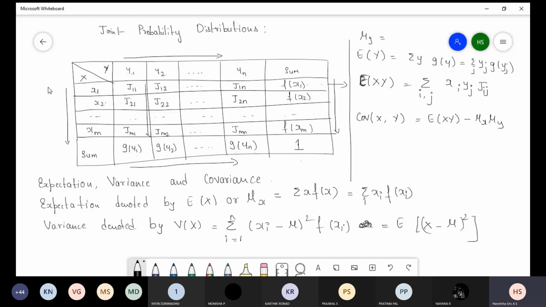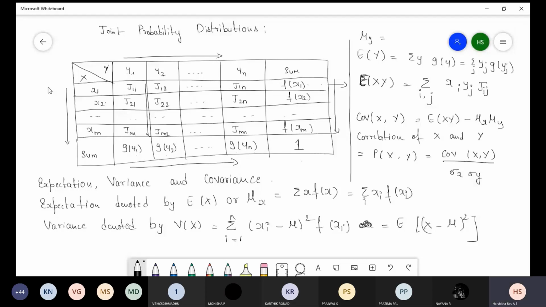Next, correlation of x and y, that is equal to rho of x comma y, that is equal to covariance of x comma y divided by sigma x into sigma y.